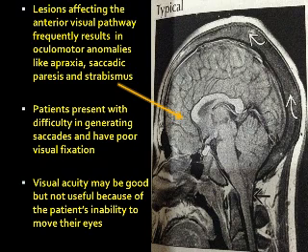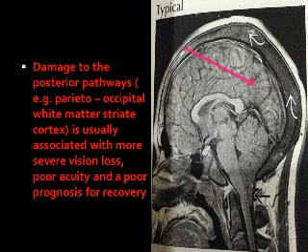Their visual acuity may be good, but not useful because of the patient's inability to move their eyes. Now, damage to the posterior pathways is usually associated with more severe vision loss, poorer acuity, and a poorer prognosis for recovery.